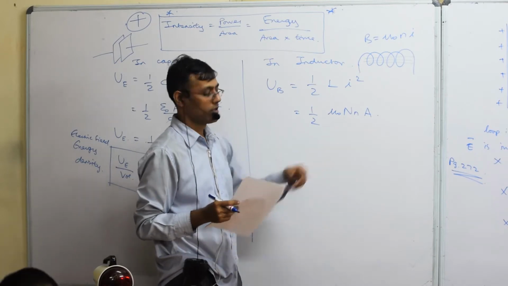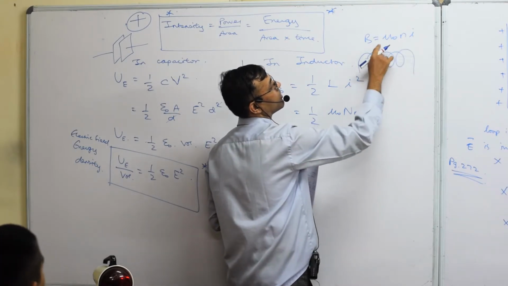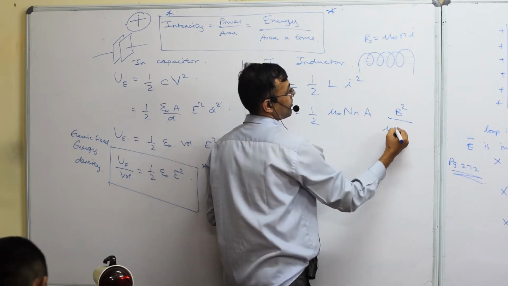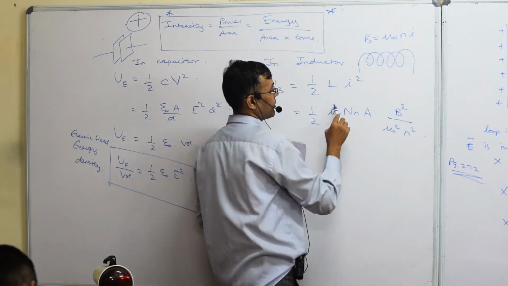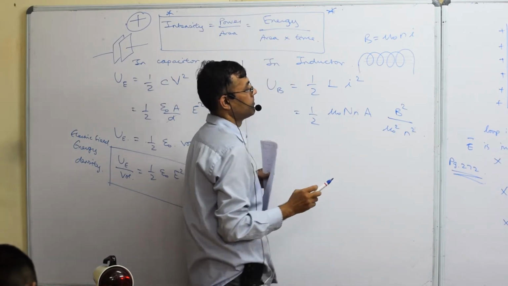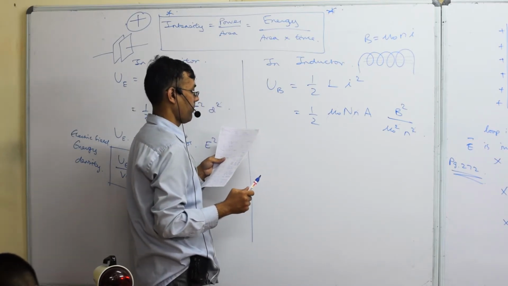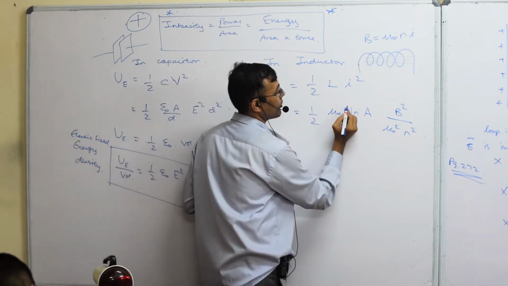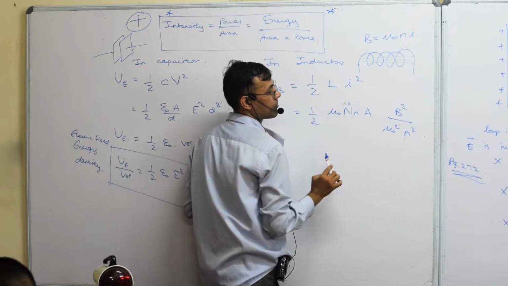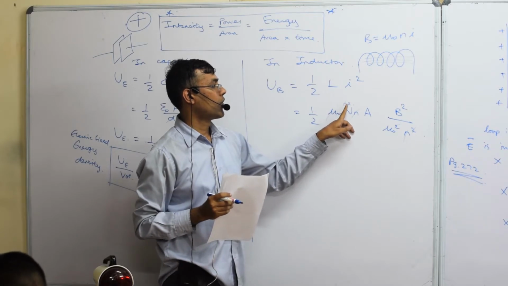Maybe we have different forms of this. How can I write i here? i squared can be written as B squared divided by mu naught squared n squared. So mu naught cancels, n cancels. This capital N I am going to write as n into l, so one more n can be cancelled. Number of turns is nothing but small n into l.